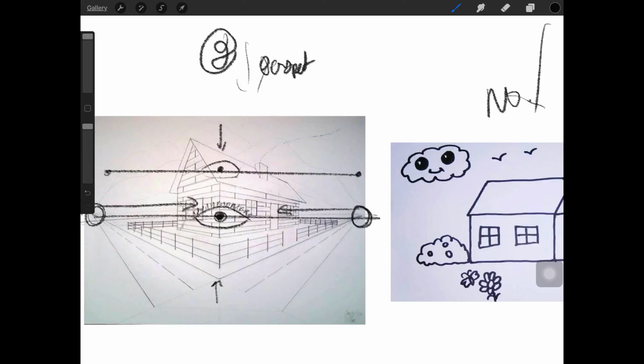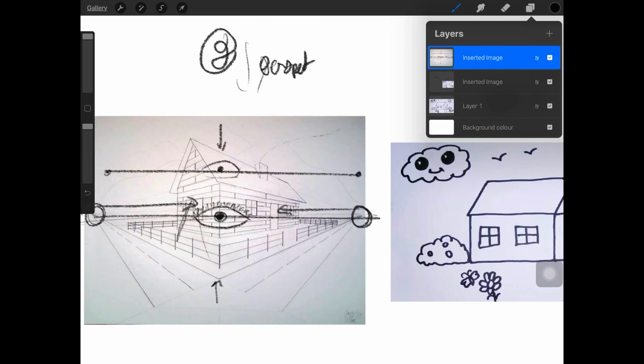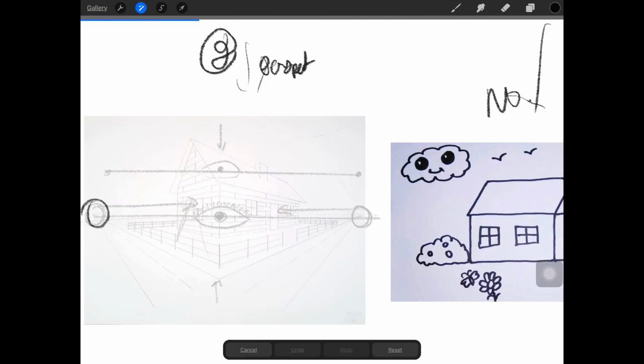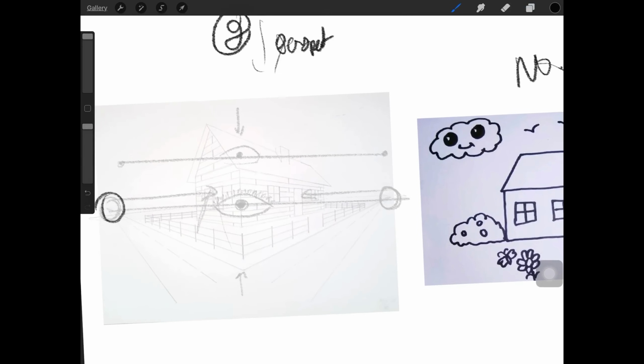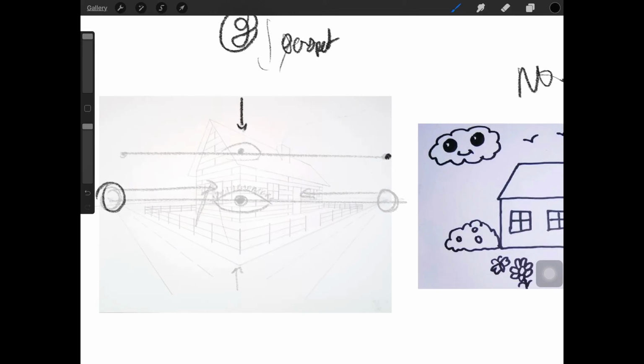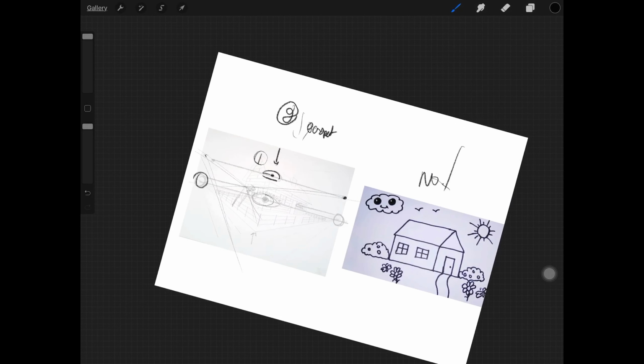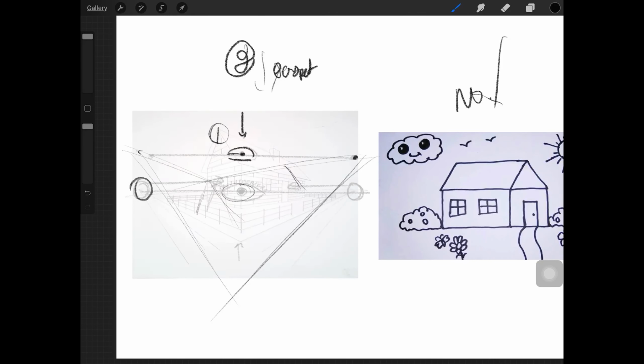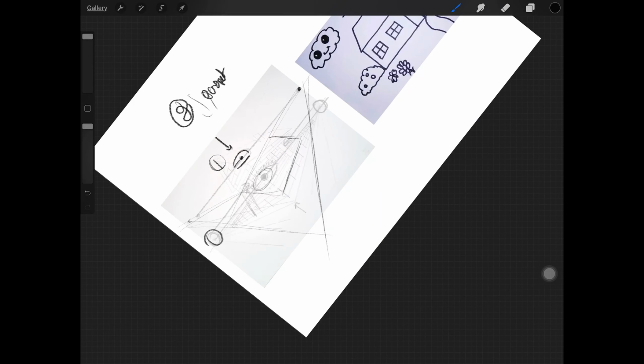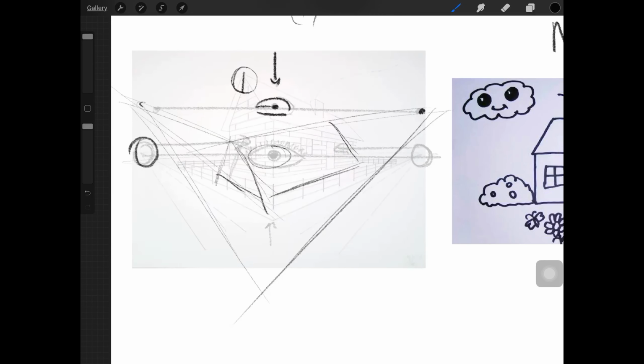So we will make it like this. Let me decrease the opacity of this thing. Now we will draw something when the vanishing point is here, your eye level is above this point, so this comes downward. We will do something like this, everything will come like this, because of the 2 points, now we can see everything.